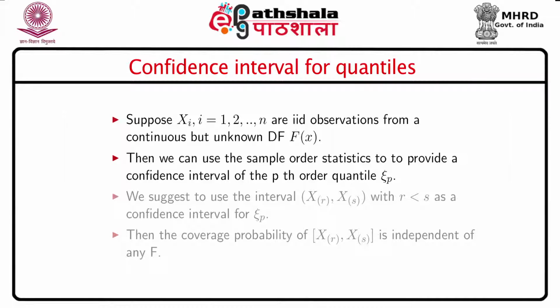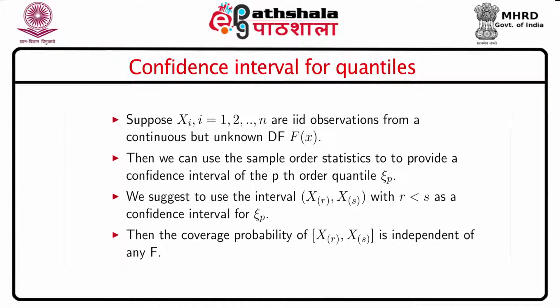Note that xi_p is a population quantile and hence it is reasonable to use order statistics, that is sample quantiles, to find the corresponding confidence interval. Specifically, we suggest to use the random interval X_(r) up to X_(s), with r less than s, as a confidence interval for xi_p.